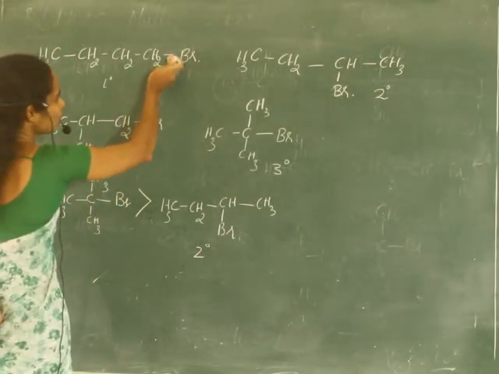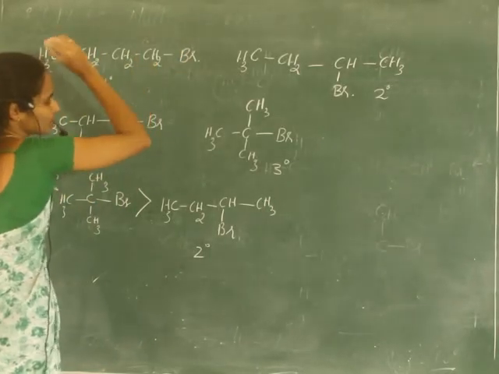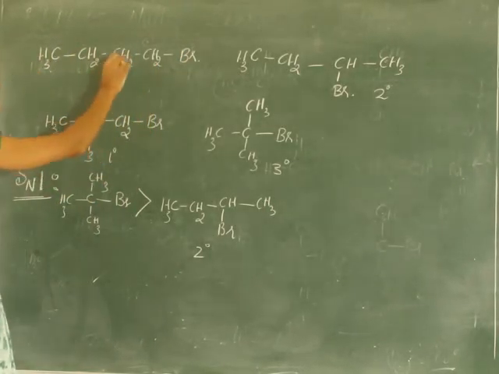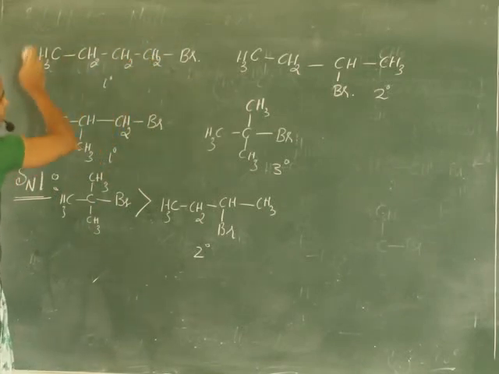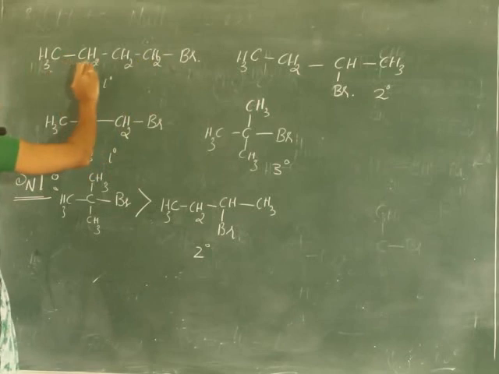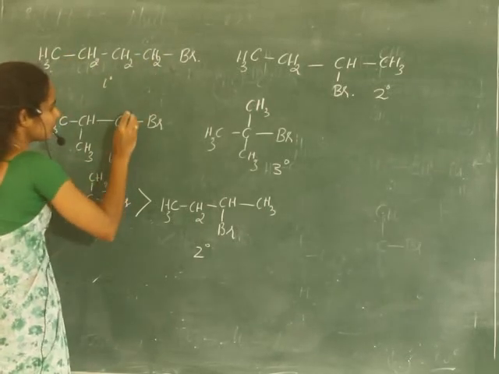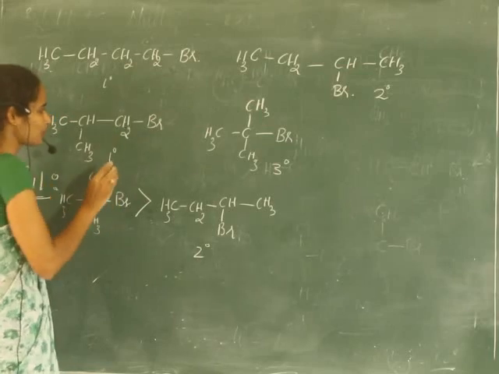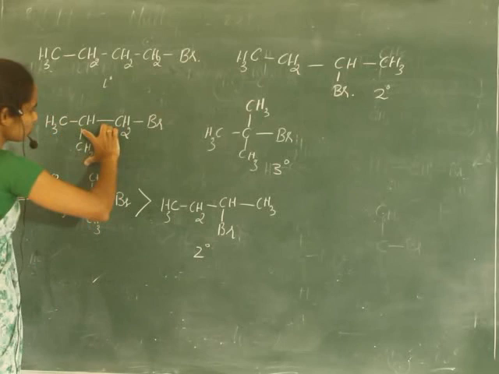Here it will ionize, then we get CH2 plus as a carbocation. This carbocation is stabilized by only one alkyl group, CH3CH2CH2, by inductive effect. But here this carbocation is stabilized by the CH3CH group and also this one.